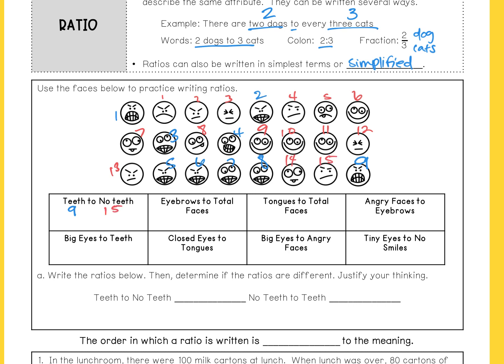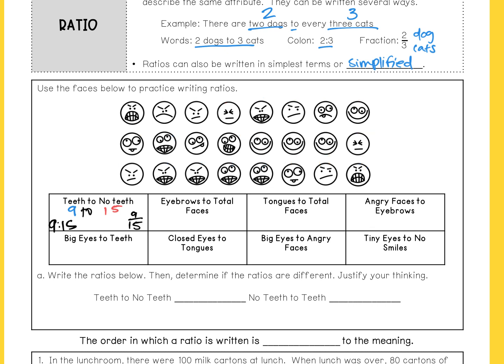To write this as a ratio, I would write that there are 9 to 15, and I can use either words, a colon, or a fraction.